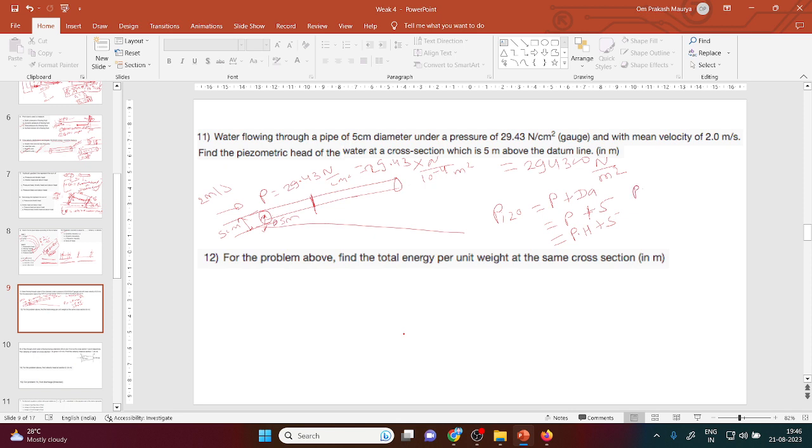So for the pressure head, you need to convert into meters. So P by rho g, and water is given already. Water is flowing. So P, how much? 294300 divided by 1000 into 9.81. So how much will you get? Let me calculate using the calculator.